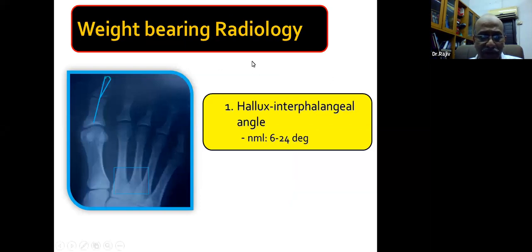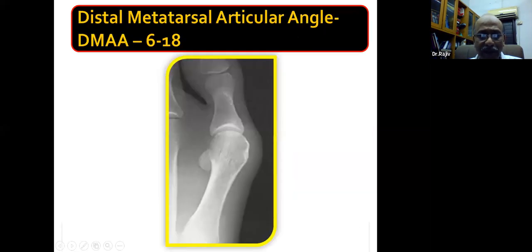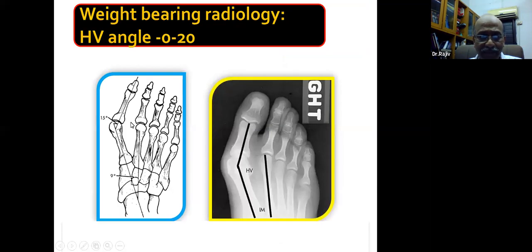Weight bearing radiology is very important. You measure the hallux interphalangeus angle. You measure the distal metatarsal articular angle, that is the angle at which the metatarsal articular surface is angulated with the shaft of the metatarsal. You measure in a weight bearing radiology the intermetatarsal angle.